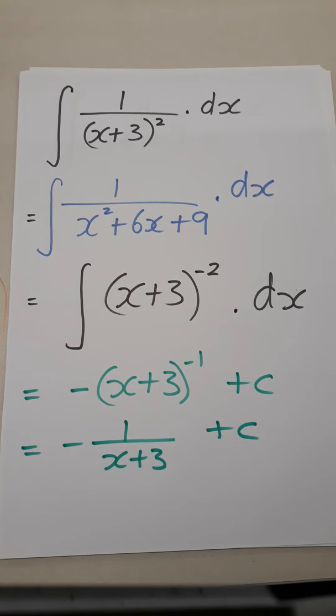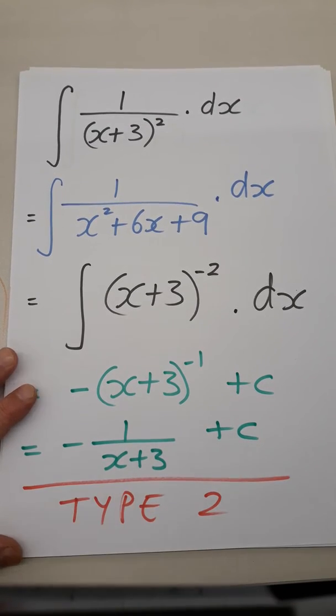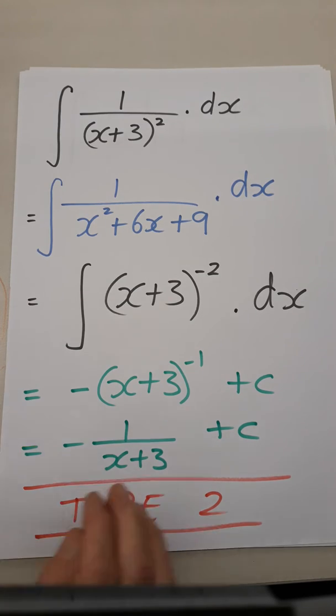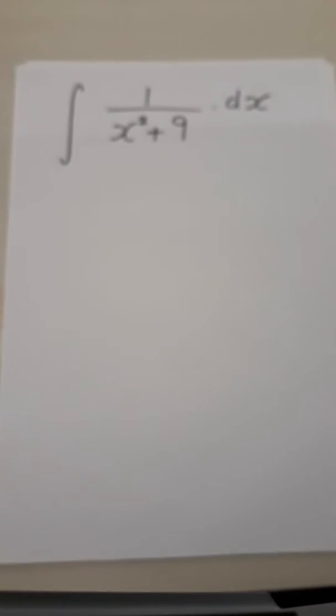But we're going through some types of things where you get a quadratic on the denominator and you're asked to integrate. So check if it's the logarithm type. Check if it's this type 2, straightforward type 2, where the denominator is a perfect square. So there are a couple of ones where you get out of it easily.